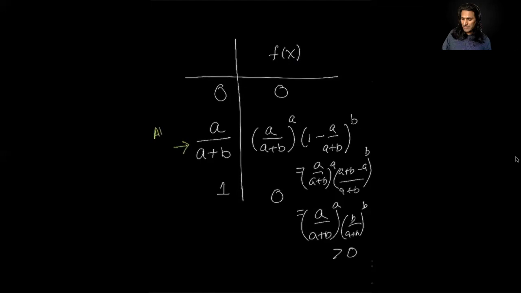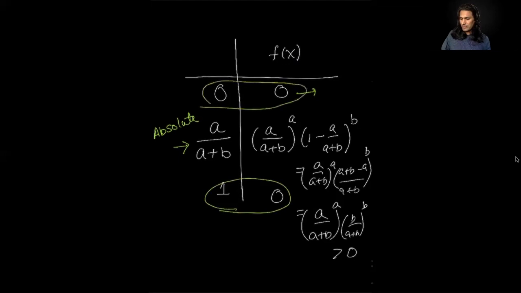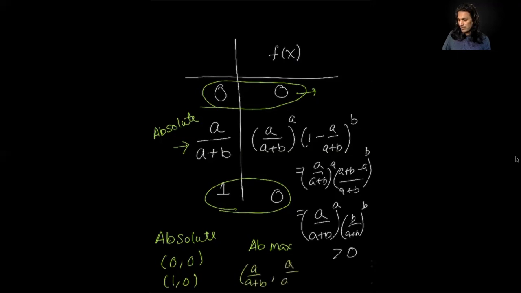This is the absolute max, and these are two absolute minimums, this and that. So the absolute min occurs at 0, 0 and 1, 0, and the absolute max occurs at x equals a over a plus b, and that's your y value: a over a plus b to the power a, b over a plus b to the power b.